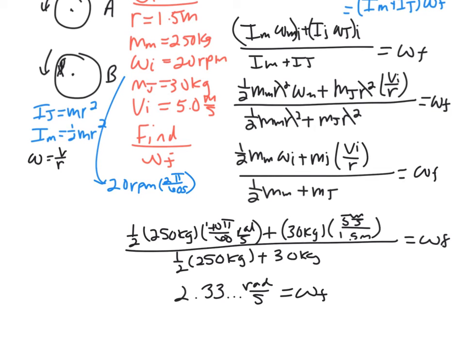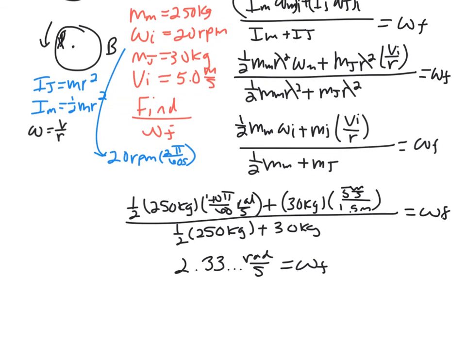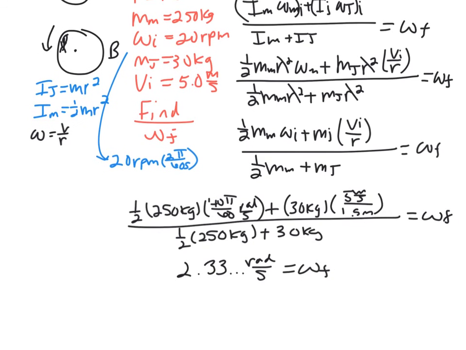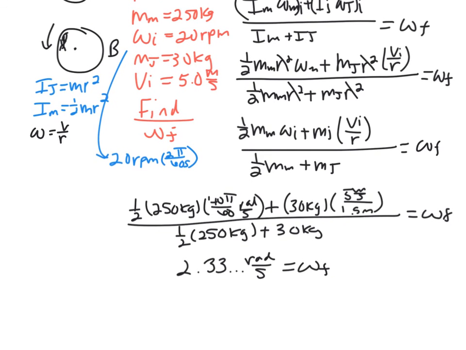So once John jumps on that merry-go-round, it's going to go from 20 RPM, which is actually equal to, let me just put this in real quick, 2.09 radians per second, to 2.33 radians per second. So him jumping on this merry-go-round actually is going to make it spin slightly faster.